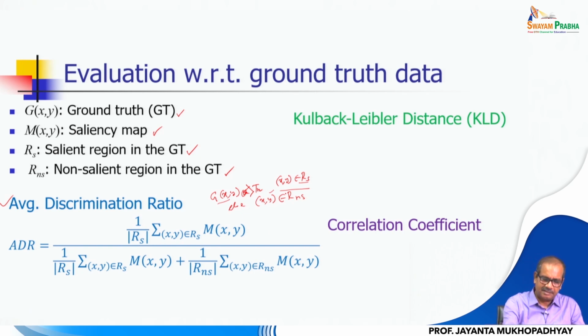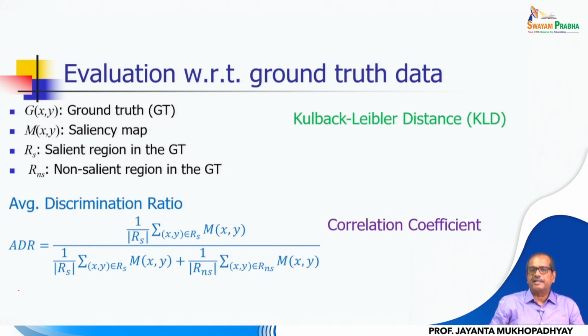You can see that the numerator is the average of the saliency map values in the salient region, and in the denominator you have the sum of averages for both salient and non-salient regions. We call it the average discrimination ratio: the higher the value, the better the discrimination power of the saliency map. So that is one kind of measure. There are also other measures.